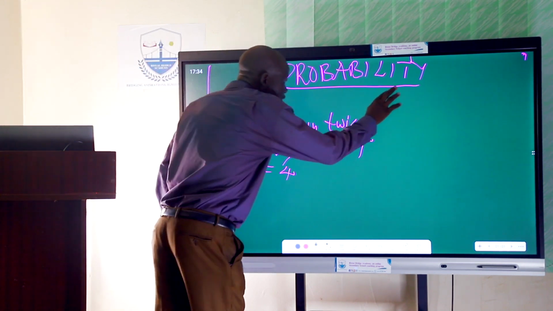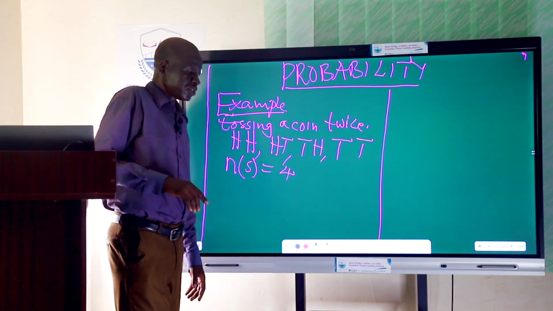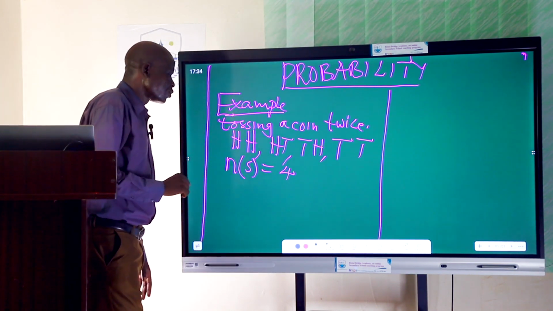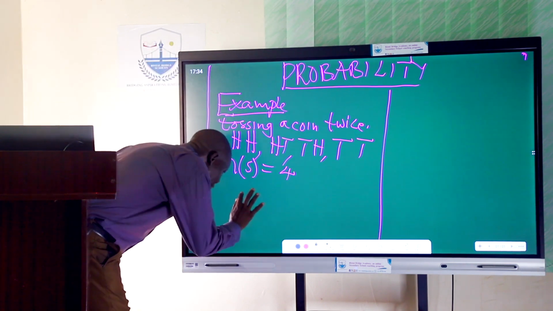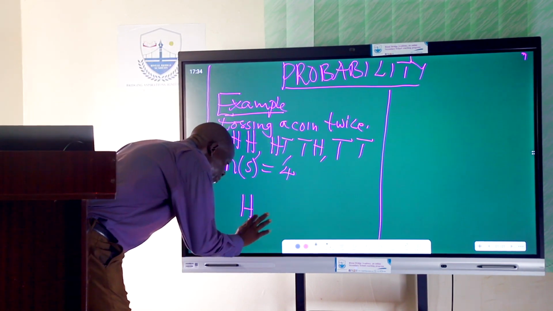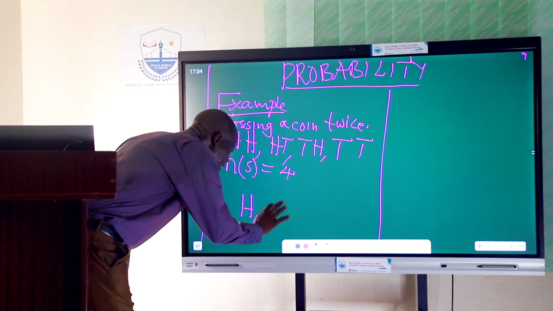When you toss the coin once, the outcomes which can occur are that we can get a head or we can get a tail.